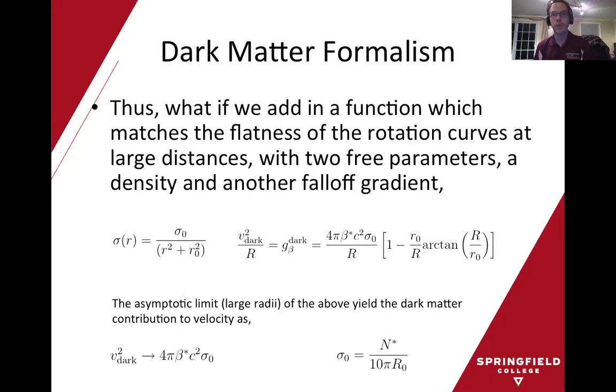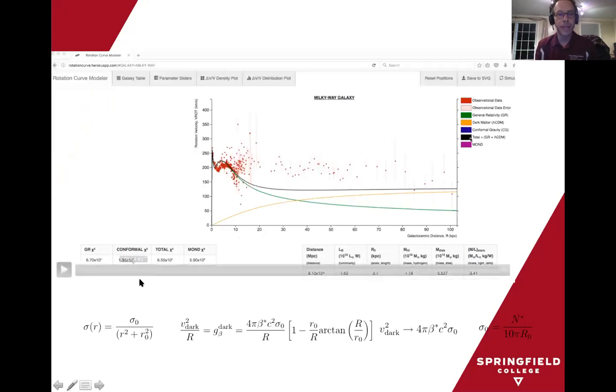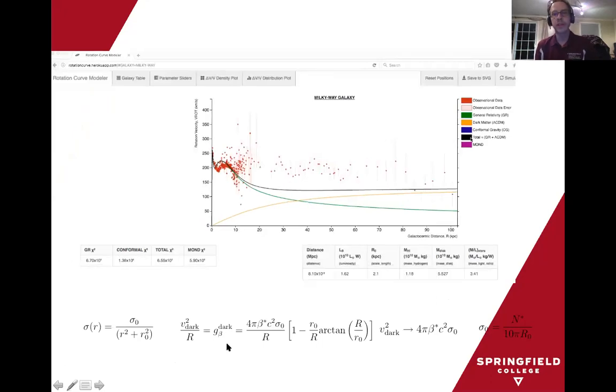For the dark matter formalism, we'll use the typical NFW type formalism, which has an overall density of the dark matter, the sigma function here, at some critical radius, maybe how far out the dark matter is distributed. That's the little parameter R0 there. And so we can use the NFW formalism to suggest how the dark matter is going to contribute to those rotation curves. And again, I have another video to illustrate how this goes.